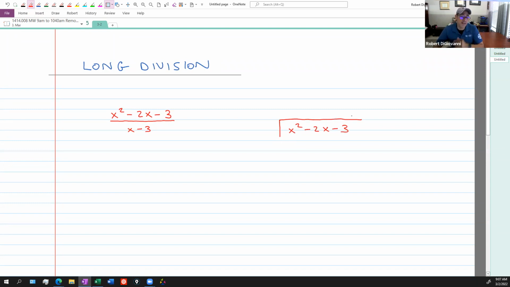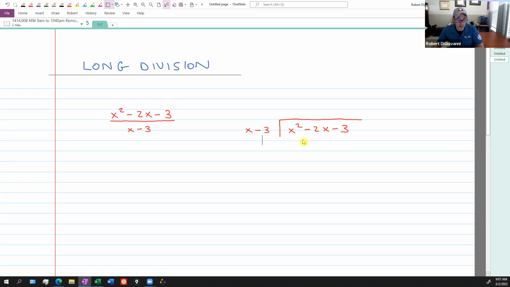When you put it into the division box, it must be in descending order. That means highest power of x from left to right. So x squared, then your x term, then your number by itself. If you mix up the order, long division is not going to work. And then on the outside, we put the x minus 3.